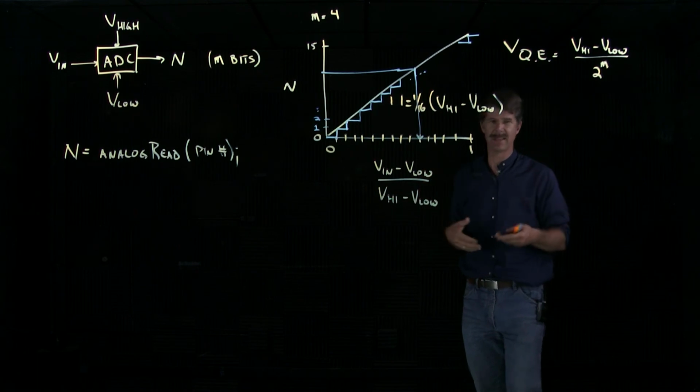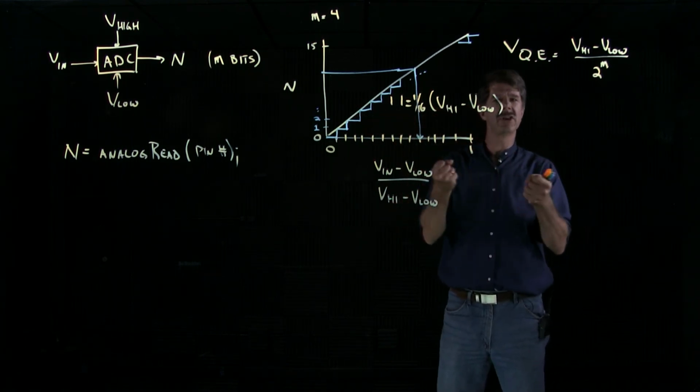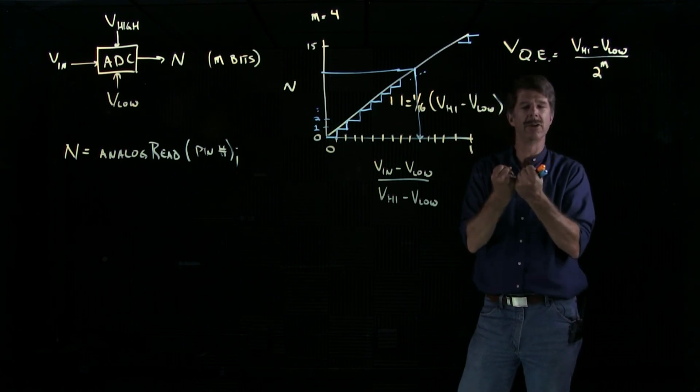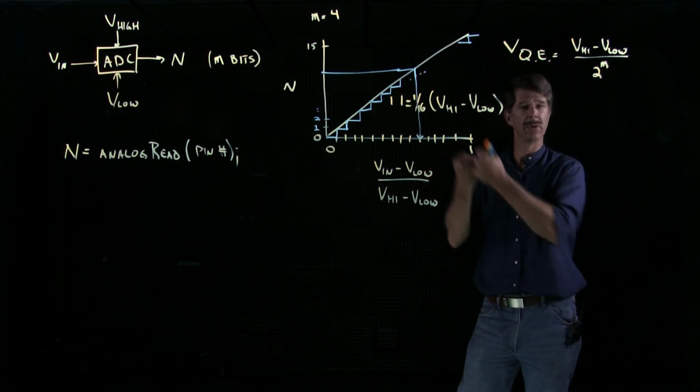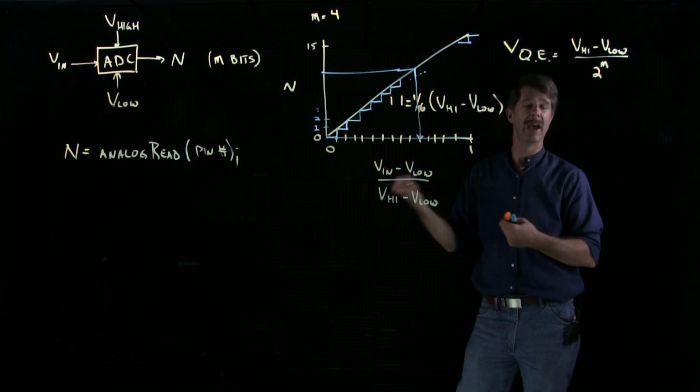That's the basics of analog to digital conversion and manipulation of your data that you read to turn it back into this approximation or estimate of what signal you really had out there in the real world.